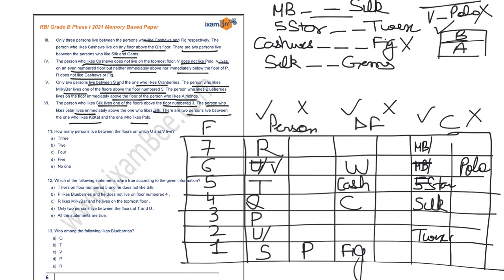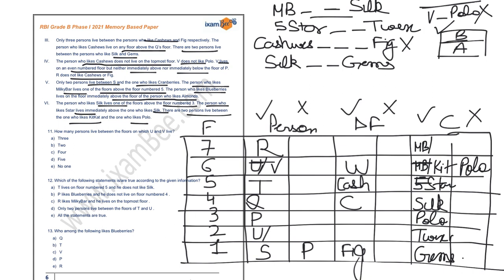So the only possibility wherein I can place them is Polo at floor number 3 and Kit Kat at floor number 6, right? And the only left out option is Gems, so you can write Gems over here, right?